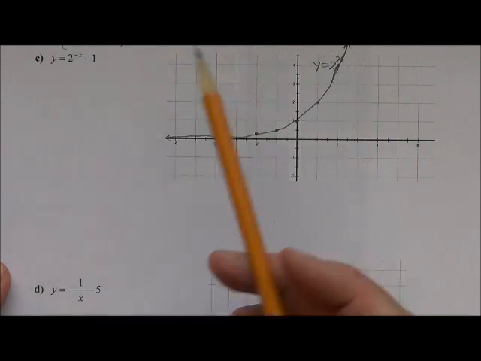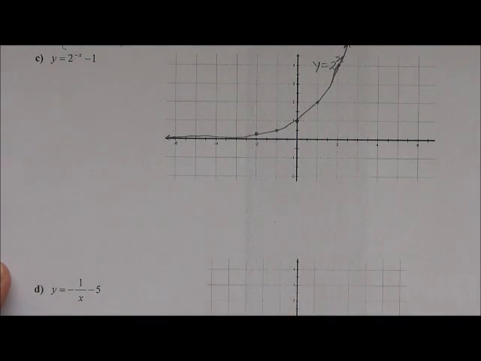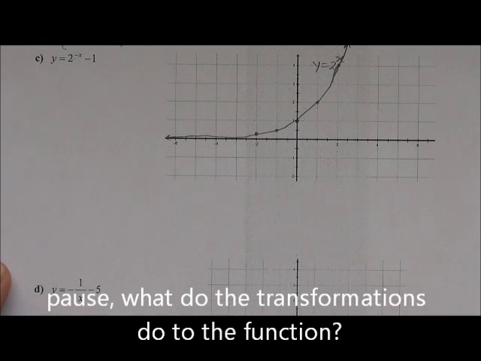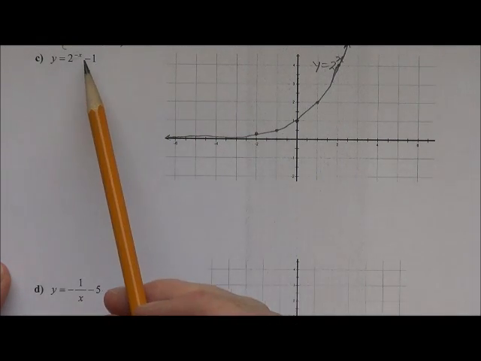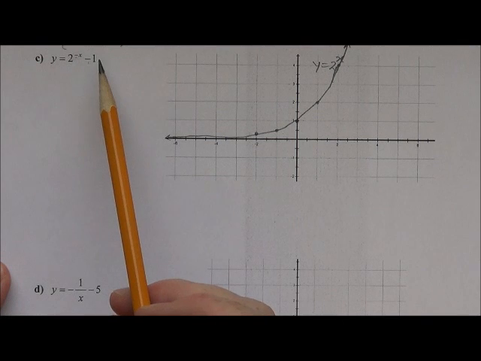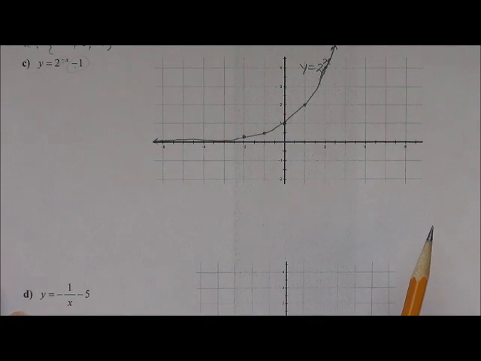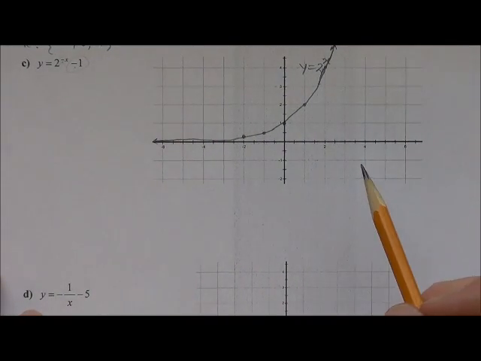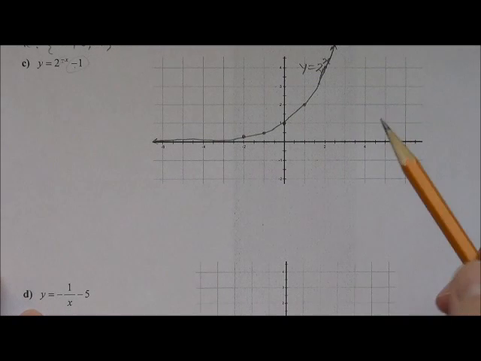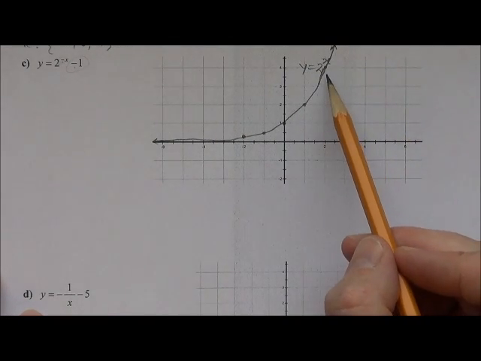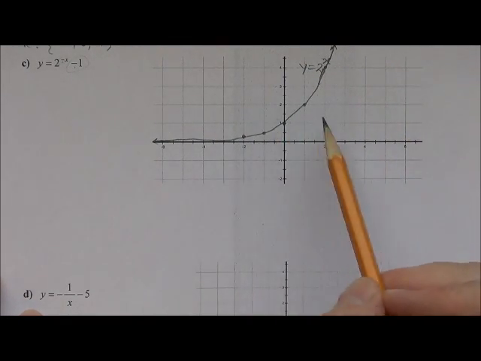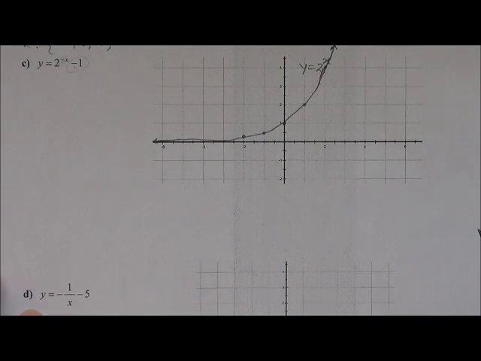Well, this negative, what does that do to the parent function? That would be a reflection in the y-axis. And this negative 1 here would be a vertical translation down 1 unit. So all these points become negative in the horizontal direction, and they all get moved down 1.